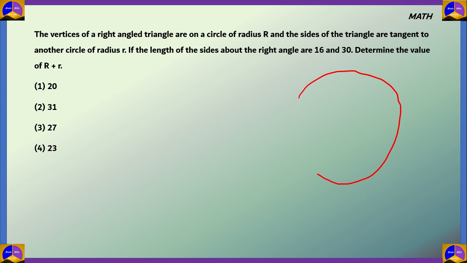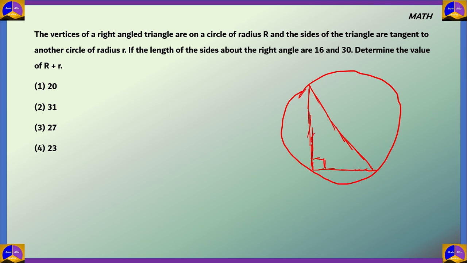So we have a circle and a right angle triangle whose vertices are embedded on the circumference of the circle. So this is the right angle. And we're given that the sides of the triangle are tangent to another circle of radius small r.